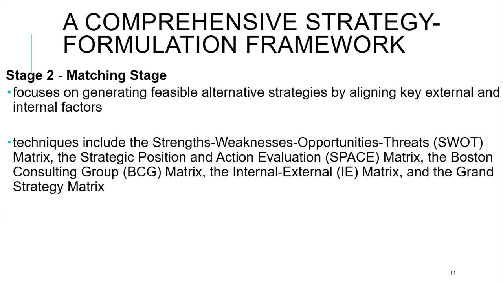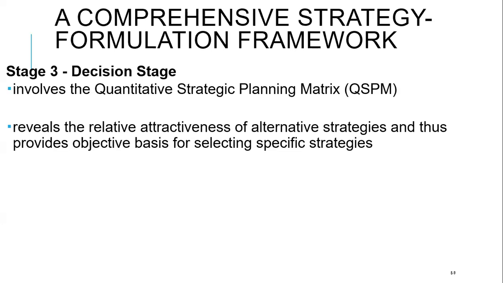So beyond the second stage, the next stage is the decision stage, which involves the selection of the best strategic option for implementation. And this decision will be informed by the activities that ensued during the first stage, which is the inputting stage, as well as the outcome of the matching stage.